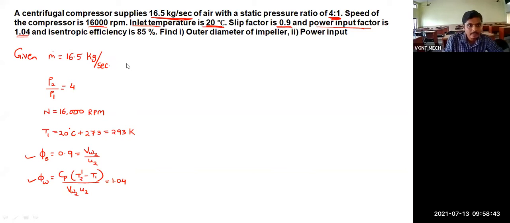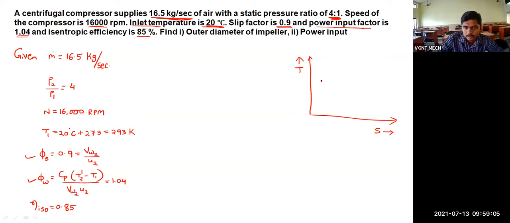Next, isentropic efficiency is 85%. So eta iso equal to 85% means 0.85. And once they mention isentropic efficiency in the question paper, we have to draw temperature versus entropy diagram. Y-axis is temperature and x-axis is entropy. We have to plot two pressure lines.